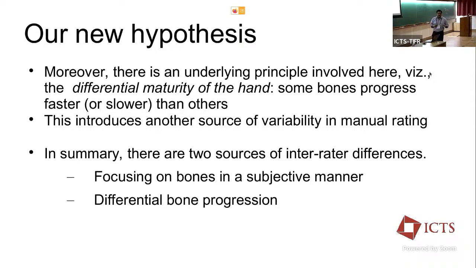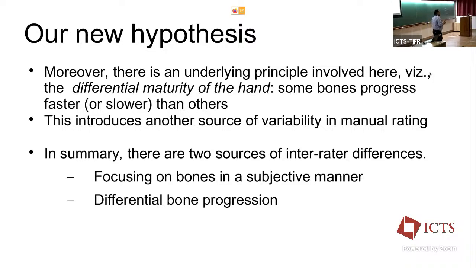So you imagine, for example, the carpals are matured faster than, say, the phalanges, and the rater has a dilemma: should I place emphasis on the carpals or should I place emphasis on the phalanges? If I place emphasis on the carpals, I might rate it as 132. If I place emphasis on the phalanges, which are differentially matured, which are relatively retarded relative to the carpals, I might call it 120. So I have to make a choice. I make a choice. I call it 120.